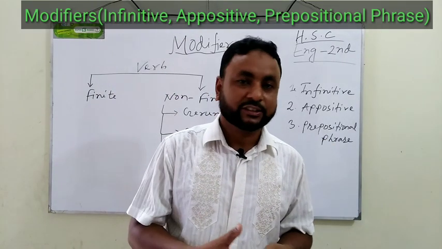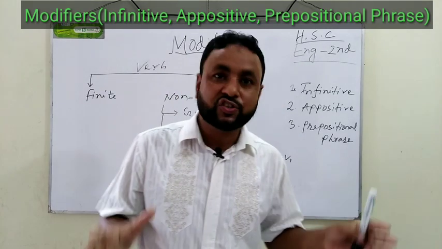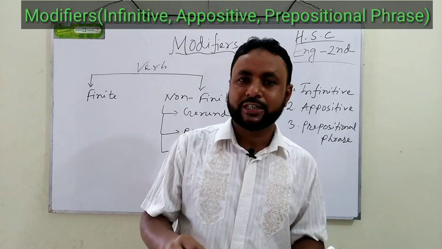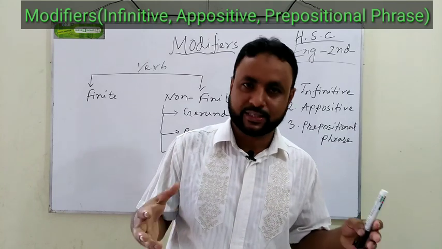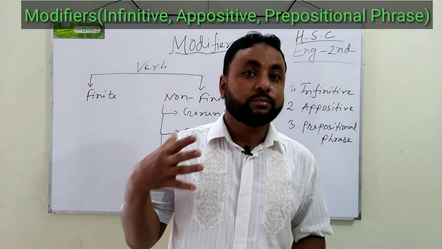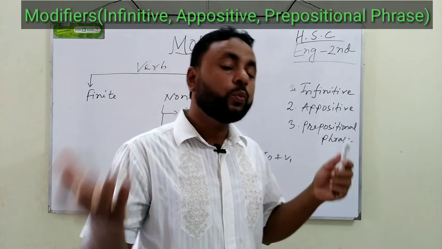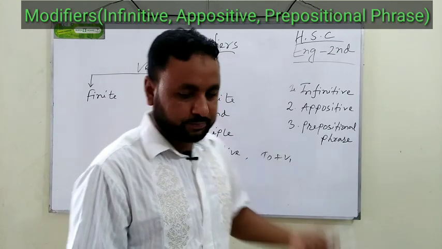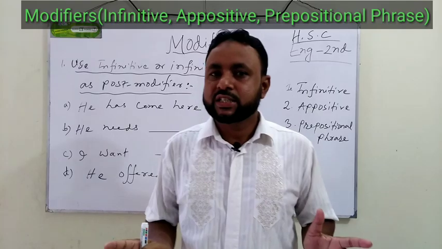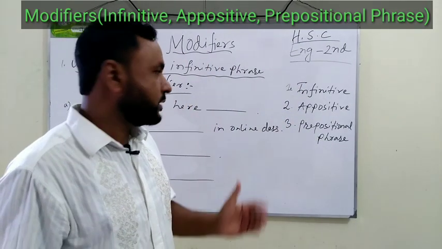It functions as an adjective, and it doesn't change according to the subject or tense. Now I am going to show how we can use the infinitive. My dear students, now we will look at some examples.